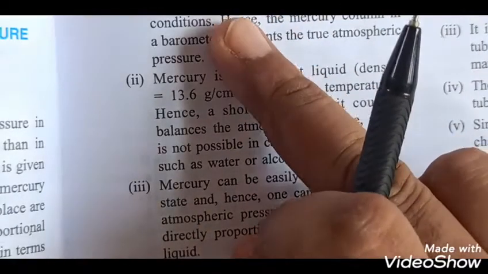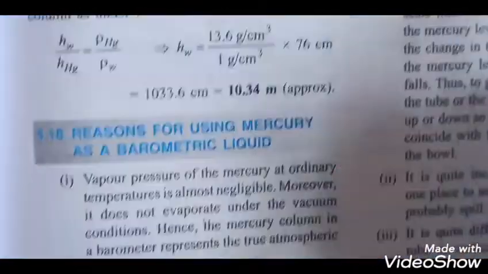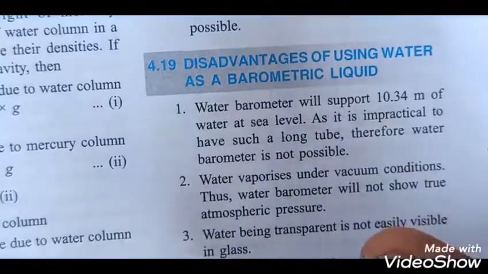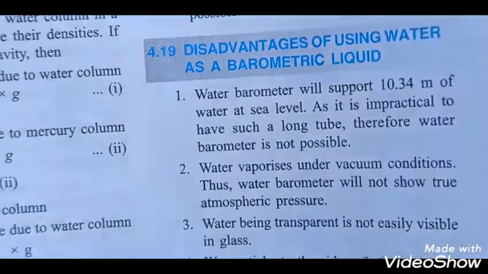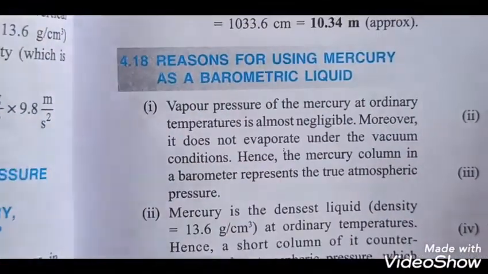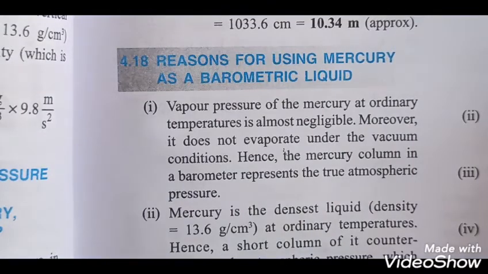So here low vapor pressure is an advantage for mercury, but in case of water, vapor pressure is not low, very high. So that becomes a disadvantage for water, but an advantage for mercury.